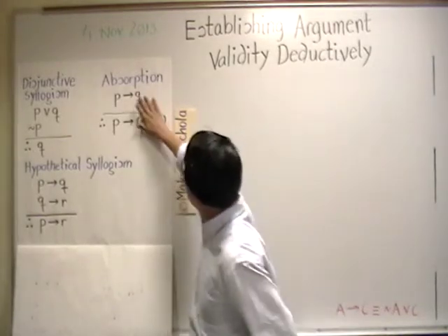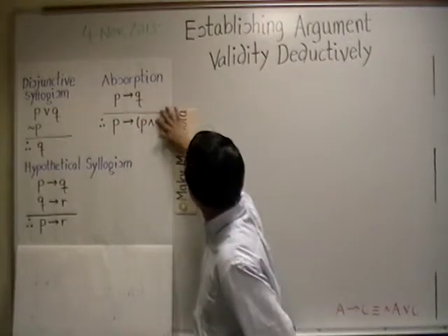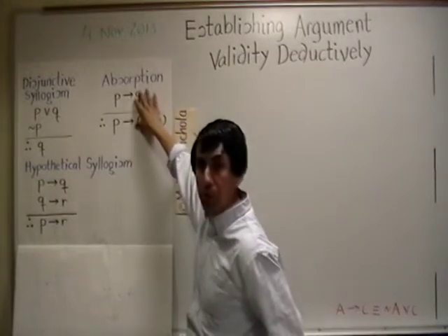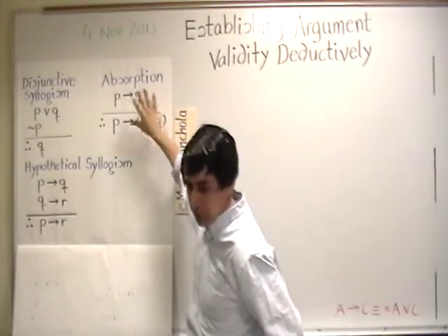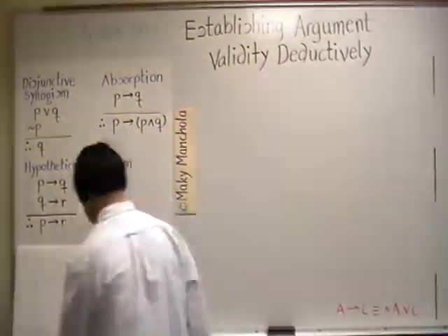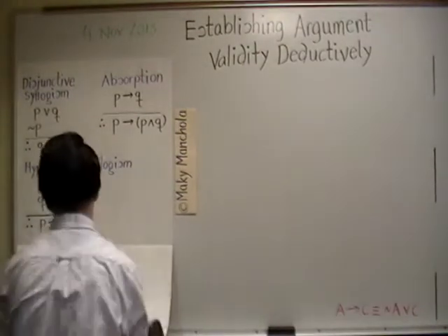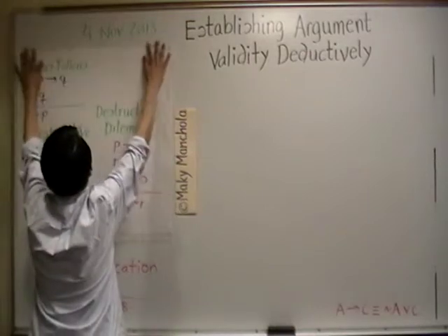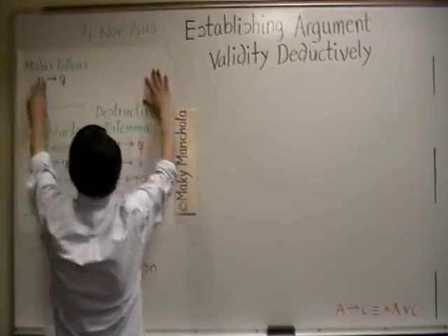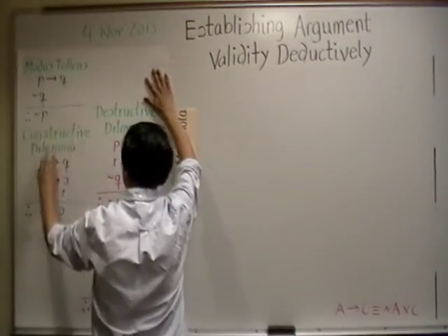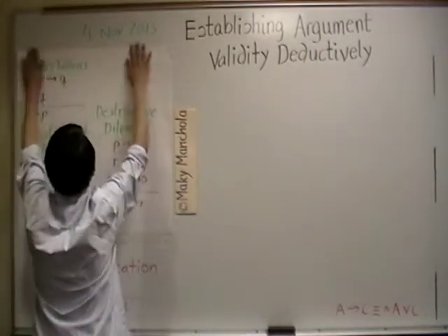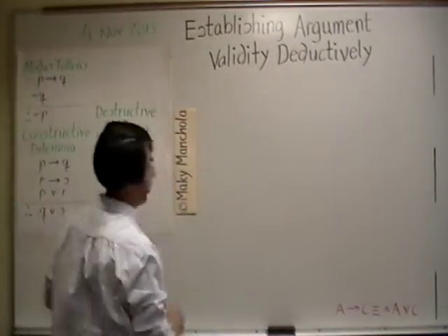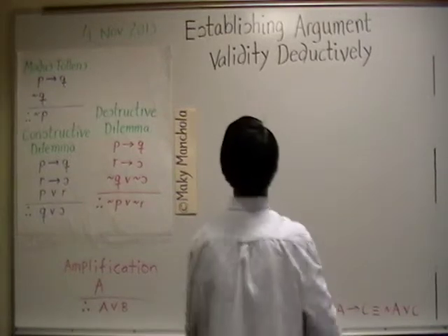We're not going to assume the absorption rule because that one we intend to establish in this presentation. So let's go back and illustrate how to establish modus tollens and the constructive dilemma in a deductive fashion. So let's begin with modus tollens.